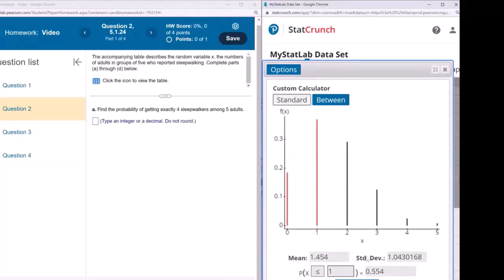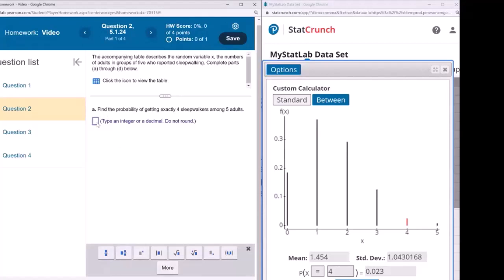I get my mean. I get my standard deviation. This is the probability of X. And what I want is X equals exactly 4. I hit Compute, and my answer is right there, 0.023.